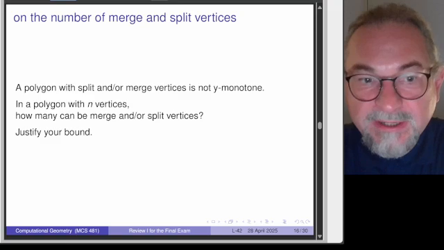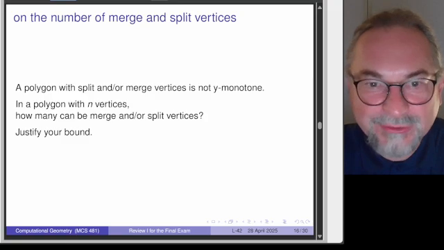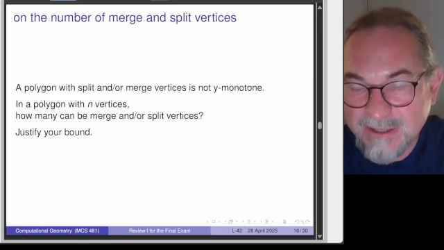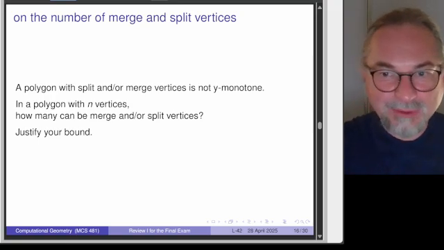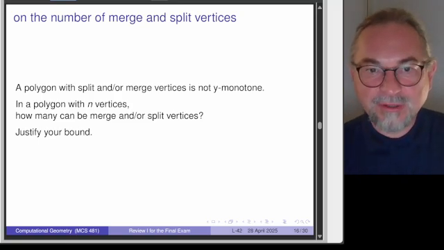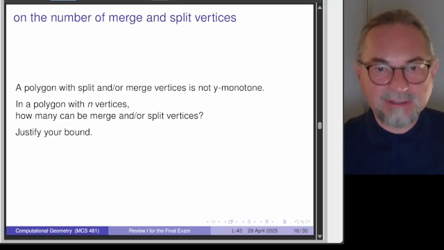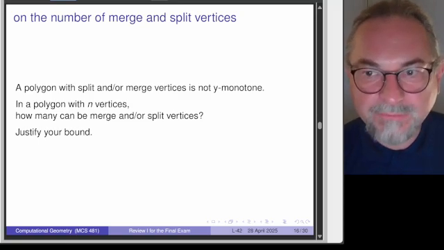Question, how many split vertices can you have? The question actually starts here. In this review, I'm trying to start with the concept and then formulate the question. I could have done it differently: start with the question, and then you have to think, where did we cover split and merge vertices?